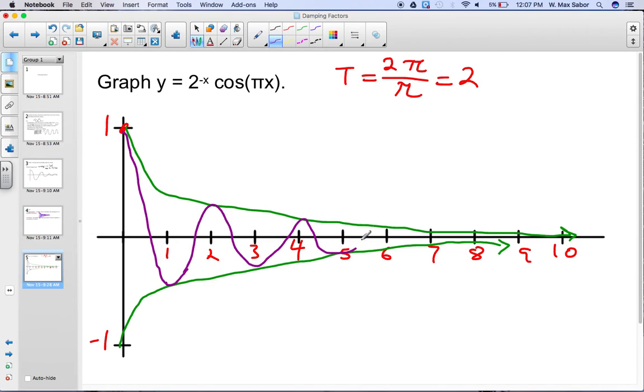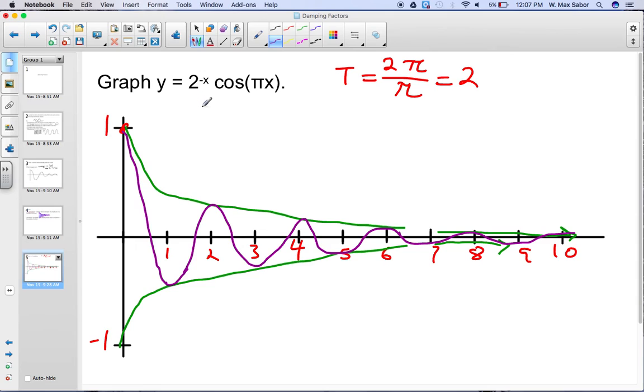So what's happening? Goodness, I'm being a little messy. So we start with a large amplitude. We decrease the amplitude over time.